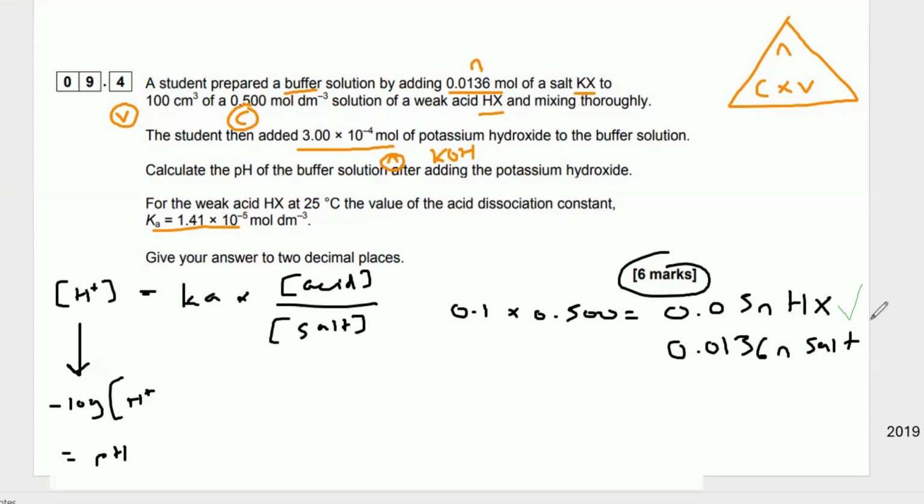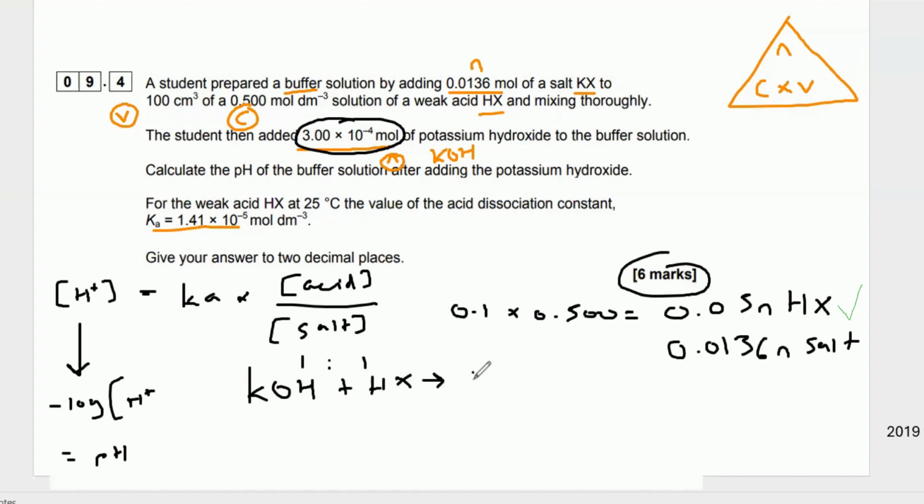Well, essentially, when you add a base to this buffer solution with this weak acid, that base is going to use up some of the acid and increase the amount of the salt. We're adding this base, and just to show you what's going to go on, essentially, you're taking potassium hydroxide and you're adding it to this acid, and it's reacting in a one-to-one situation.